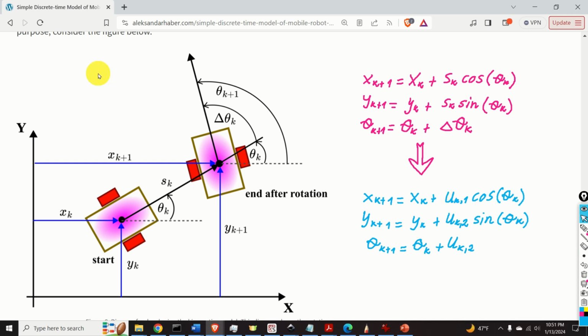The model presented in this video tutorial will be used in our future video tutorials for the development of robotic algorithms. The model developed in this video tutorial is arguably the simplest possible model of a mobile robot. For simplicity and clarity of this tutorial, we focus on a differential drive mobile robot that we introduced in our previous tutorial.